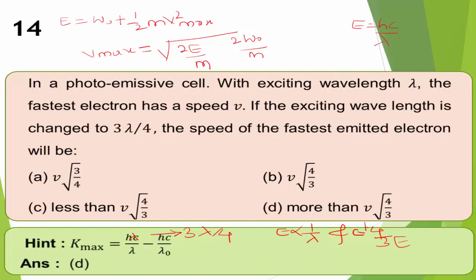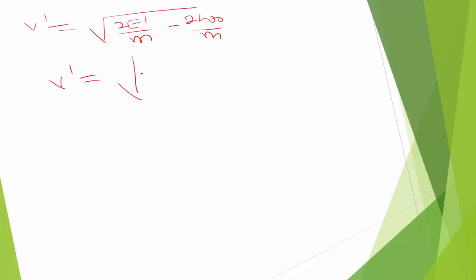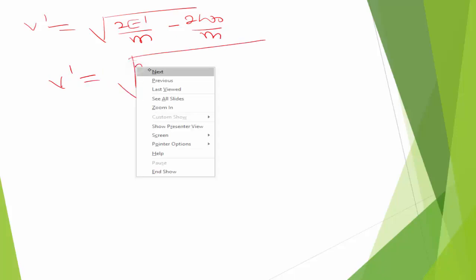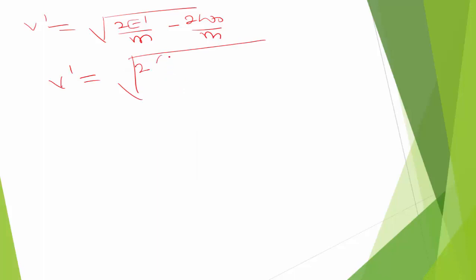From using the maximum speed equation, v dash is equal to root of 2E dash divided by m minus 2W naught divided by m. Then v dash is equal to root of 2 into 4 by 3 times E divided by m minus 2W naught divided by m.